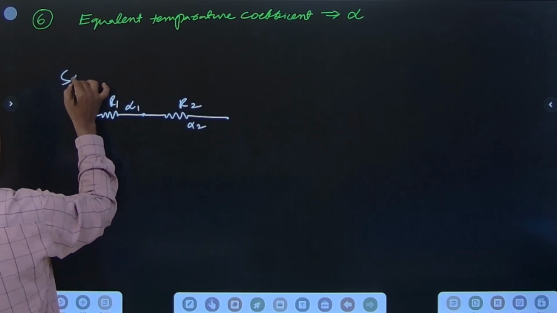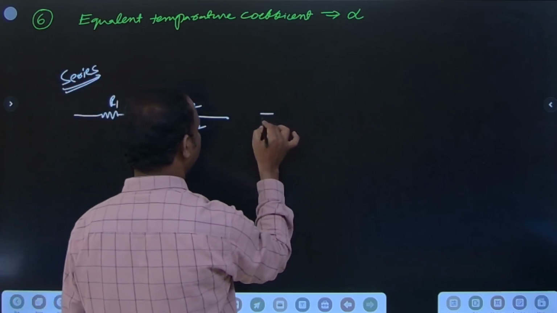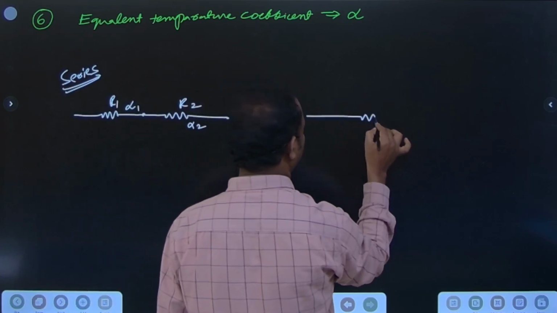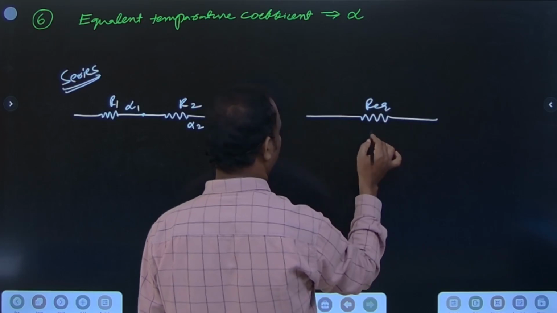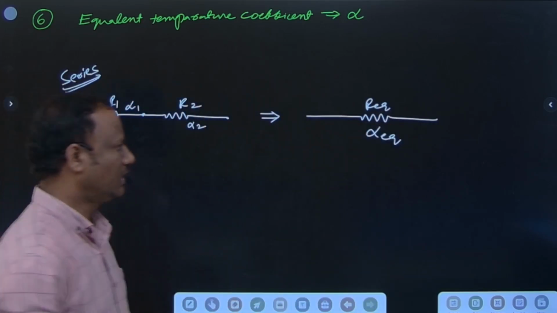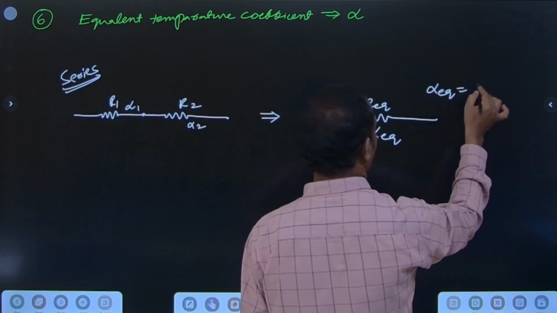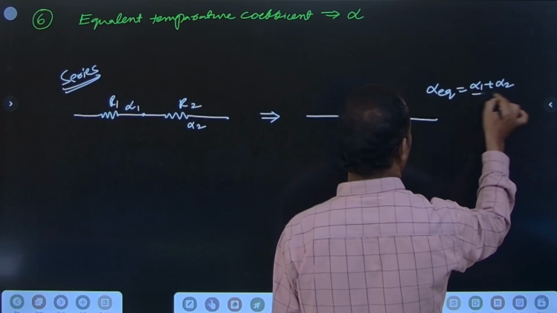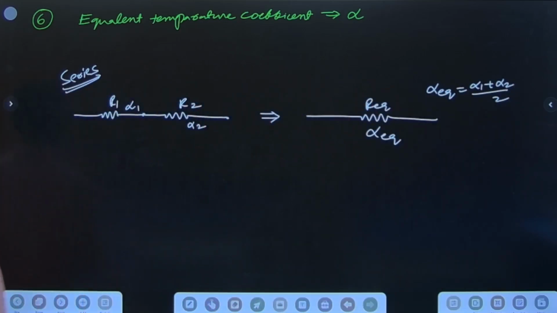This is a series combination. These two become an equivalent, so it's R equivalent and alpha equivalent. Directly we can write alpha equivalent equals alpha 1 plus alpha 2 by 2. If we have 3, alpha 1 plus alpha 2 plus alpha 3 by 3.